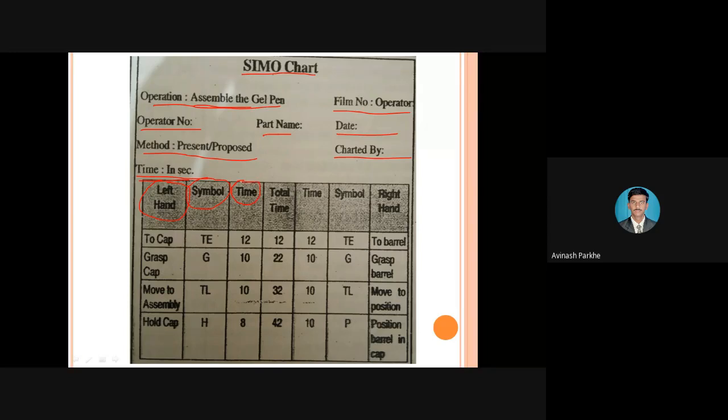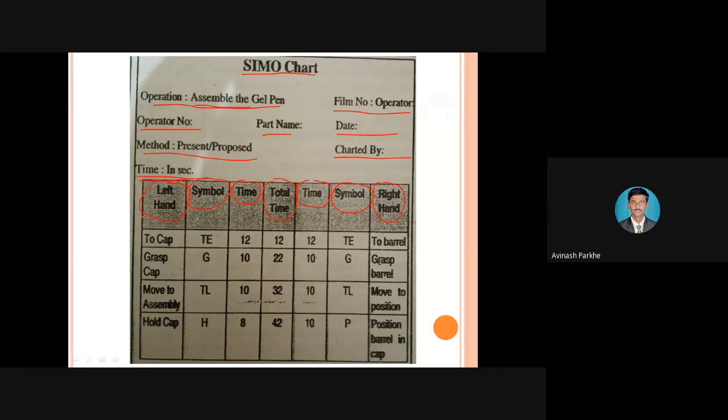Then at the center, this is the total time required to perform the operation. At the last column, the movements taking place by the right hand are represented. The second last column is the symbol, whatever activities are performed by the right hand, represented in a symbolic manner. And then one more time column is given, indicating the time required to perform the operation by the right hand.